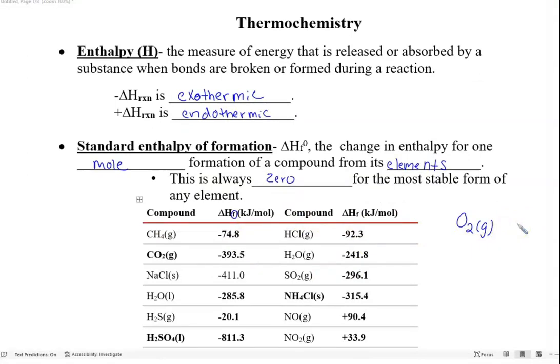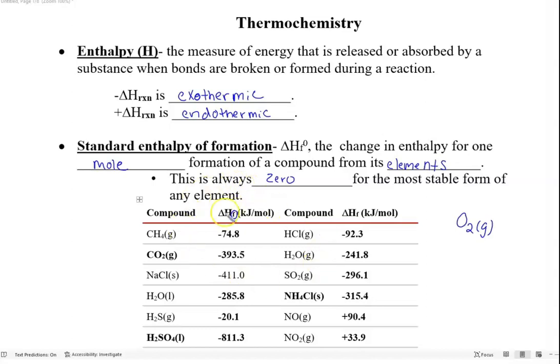So later when you're working problems, you're like, oh, I don't have oxygen. Oh, I don't have nitrogen. Well, if it's a pure element, it's not in the chart because it's 0 for enthalpy. Now, entropy is going to be different, but enthalpy. And the reason is that it doesn't take any energy to form those pure elements from the element itself, because that's why it's called heat of formation.